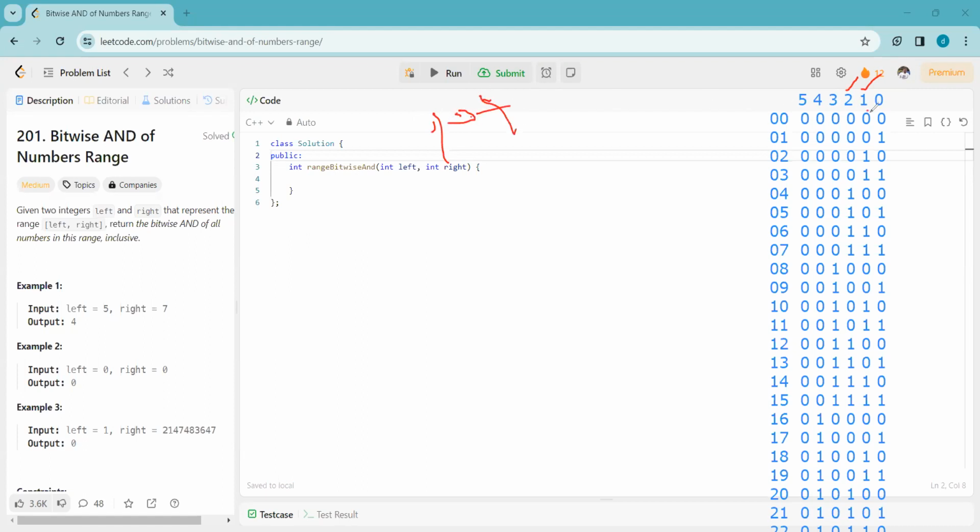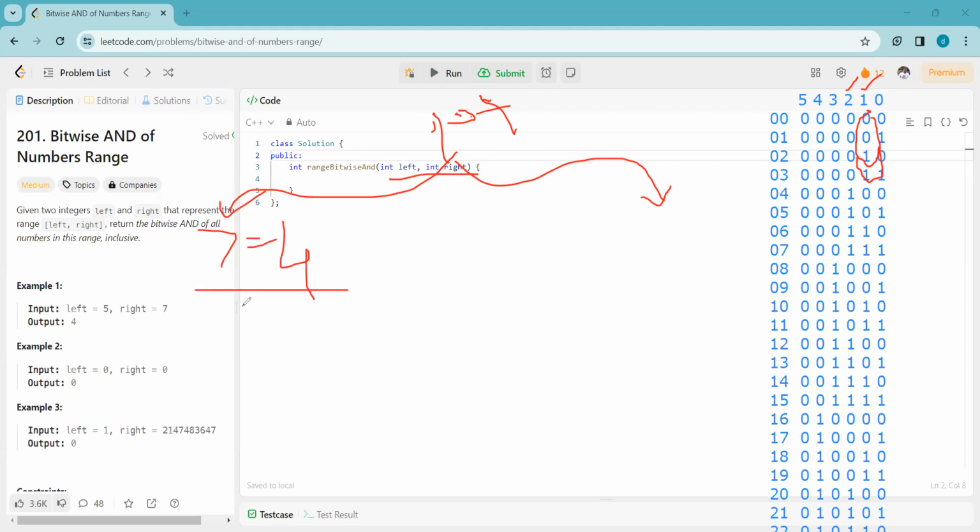The pattern repeats after 4 numbers, two zeros, two ones, right? That means if the range of the given input is greater than or equal to 4, then we will definitely contain two zeros and two ones at least in the pattern. That means the bitwise AND will definitely be 0.